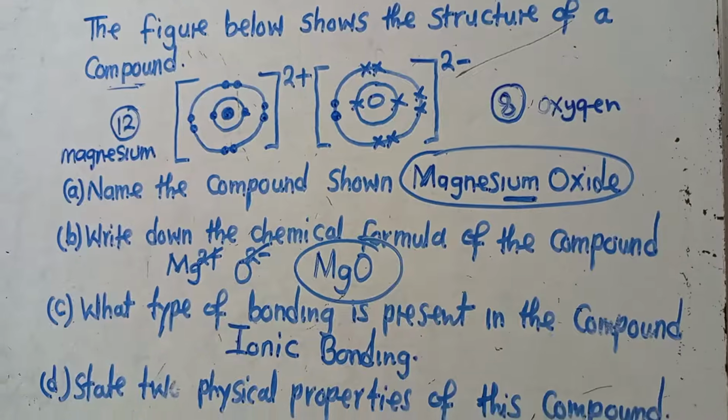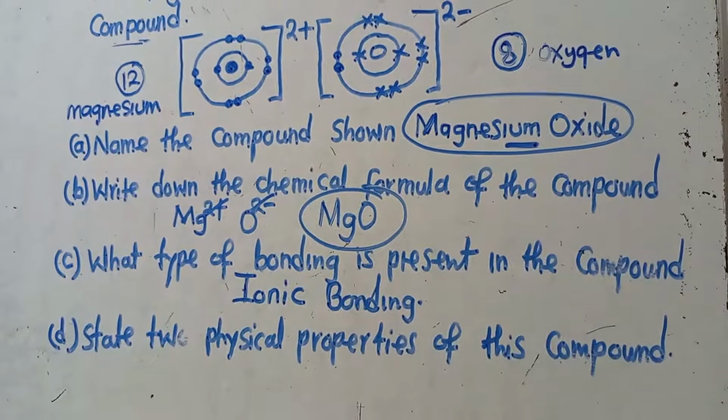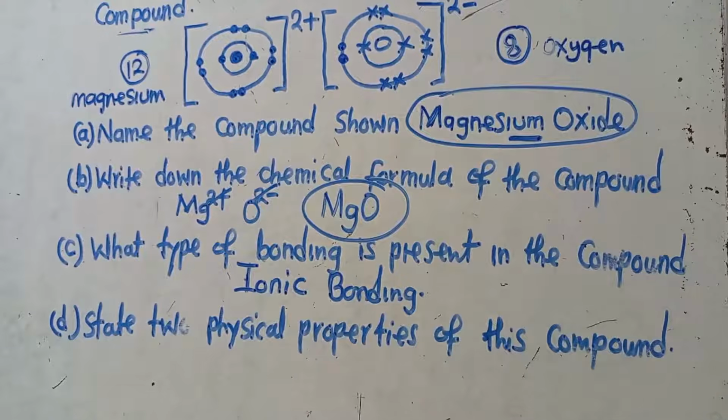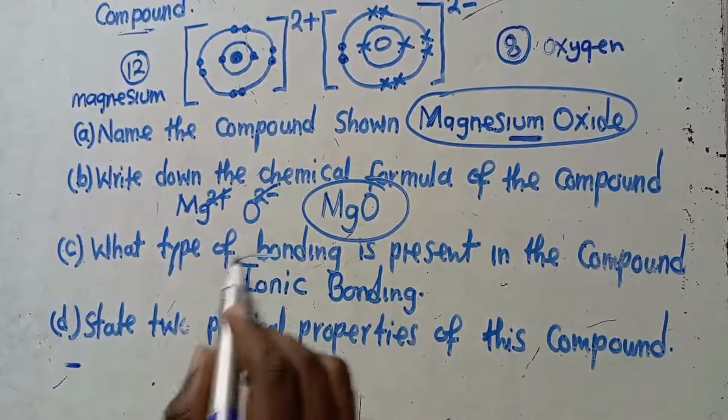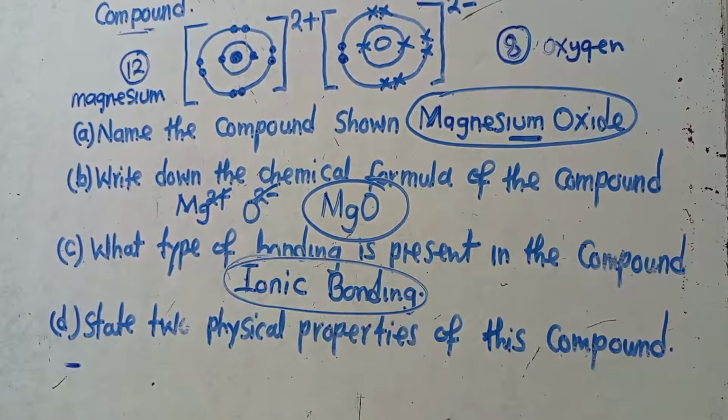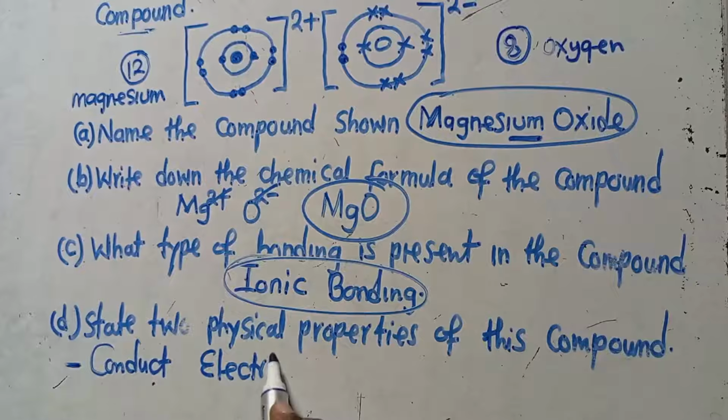We now move on to the last question. This is a simple question. The last question is saying, state 2 physical properties of this compound. The 2 physical properties are that all ionic compounds, as long as you are talking about an ionic compound, conduct electricity. So we are going to say that they conduct electricity.